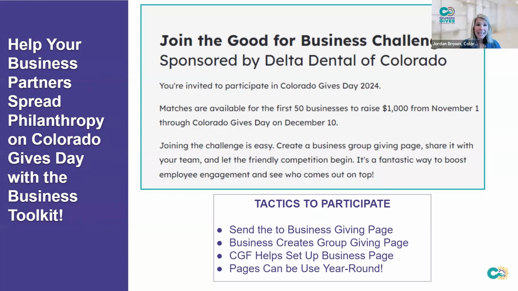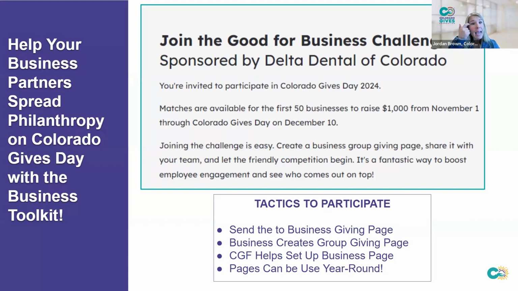We help them, we handhold them, we get their page set up, and they can raise funds for one or multiple nonprofits. And also, potentially, if they raise at least $1,000, they can potentially get matched $1,000 for Colorado Gives Day. So additional incentive for them to participate. And those matching funds are going to the nonprofits that those businesses are supporting.